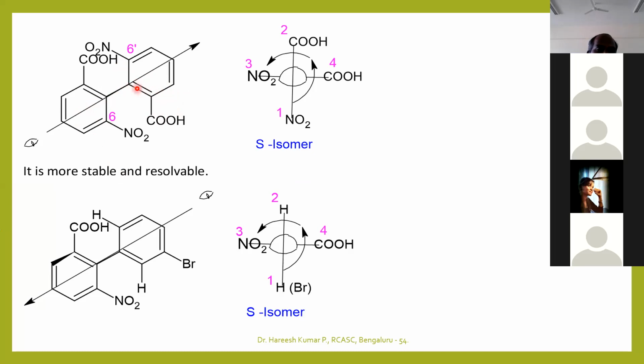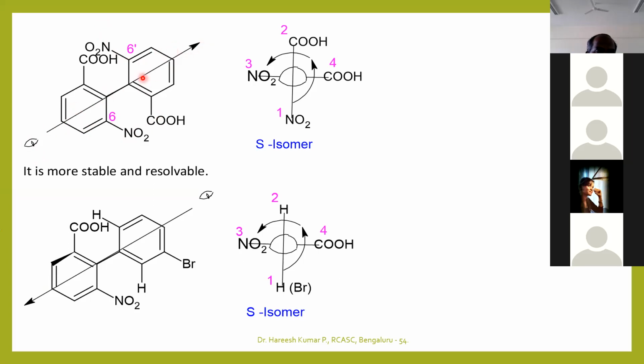A thick line indicates that the group is horizontal. No thick line means that the phenyl ring is in the vertical plane. Afterwards, if A and A dash are different, and B and B dash are different, then you need to draw a chiral axis.